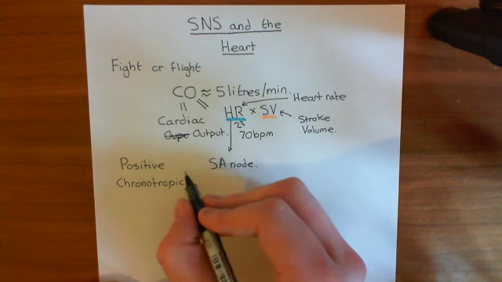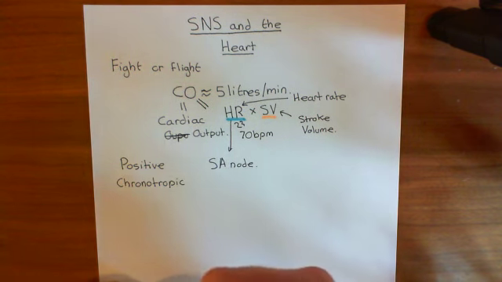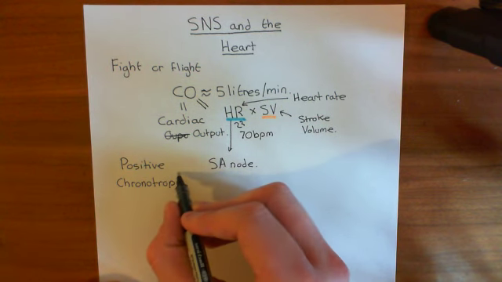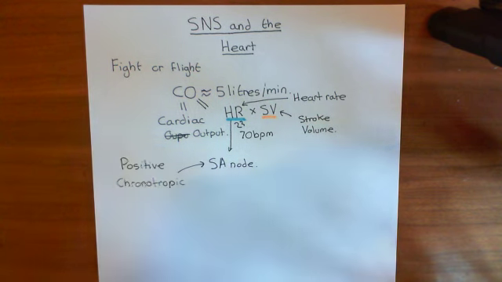So the sympathetic nervous stimulation of the heart is going to have a positive chronotropic effect via acting on the sinoatrial node. Okay, so that's the first way in which it's going to increase cardiac output, by increasing the number of times the heart beats in a minute via acting on the sinoatrial node.